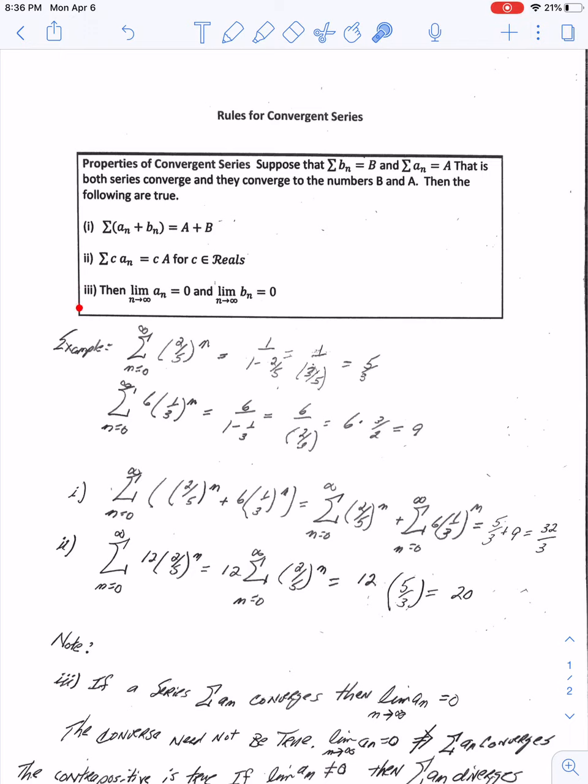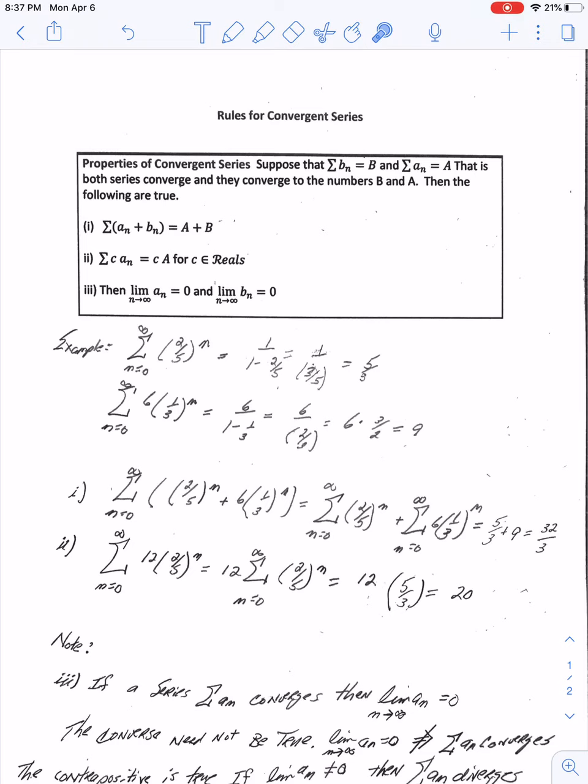And finally, you've got a result of convergent series that says this: if the series converges, that is, the summation of An is equal to A, then the limit as n tends to infinity of the A sub n term has to be 0.